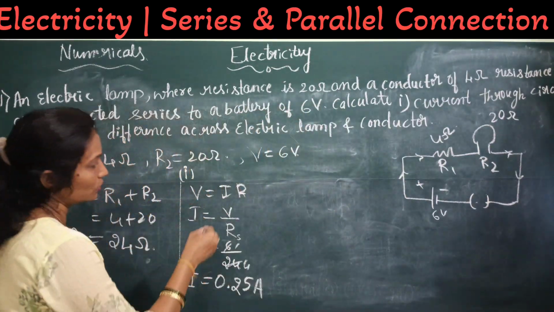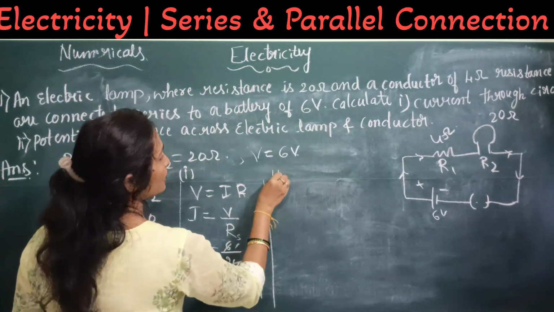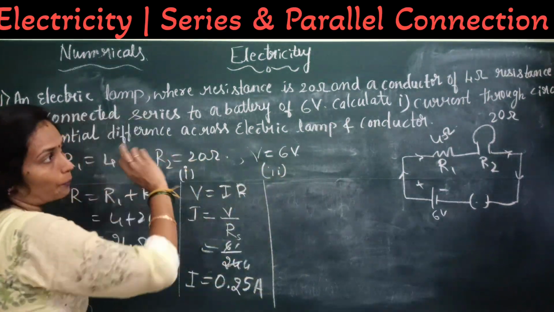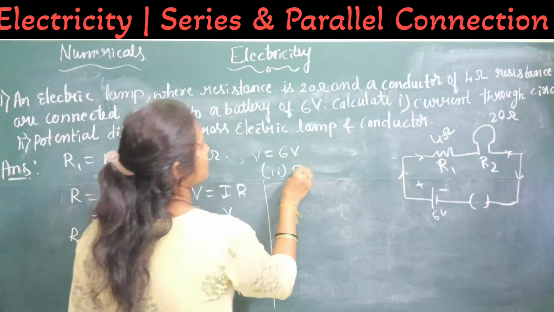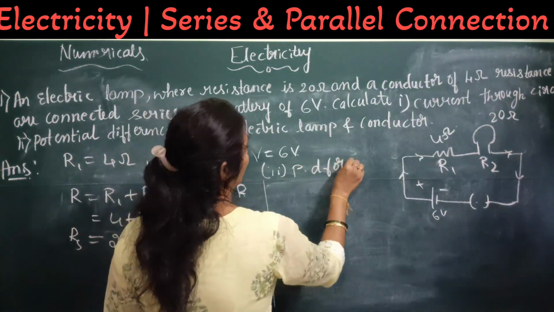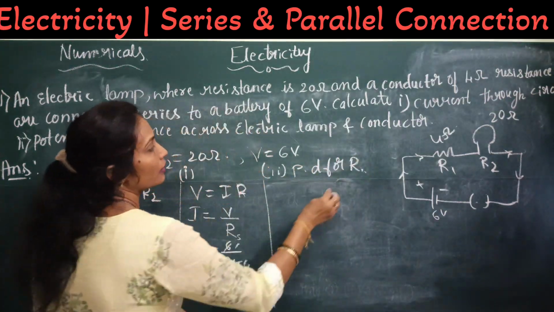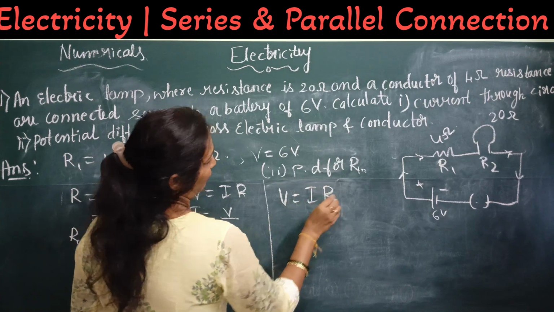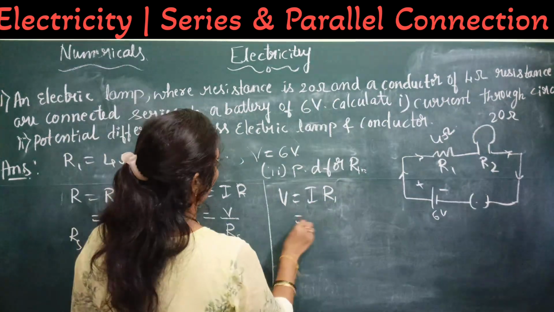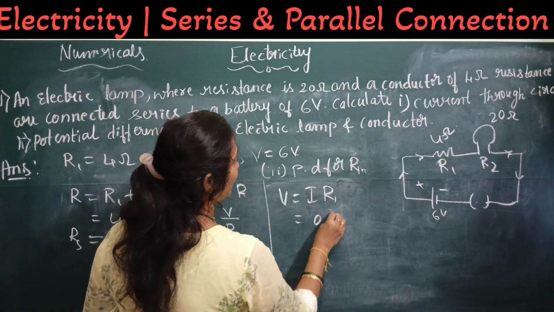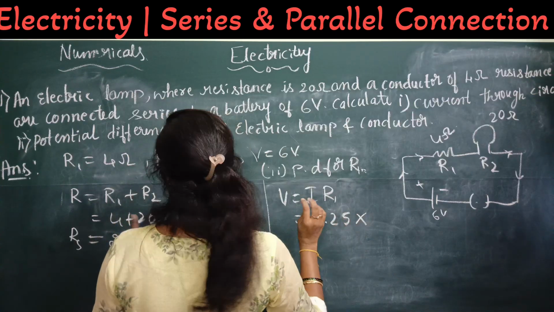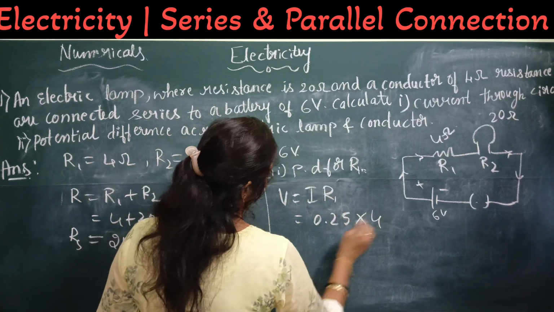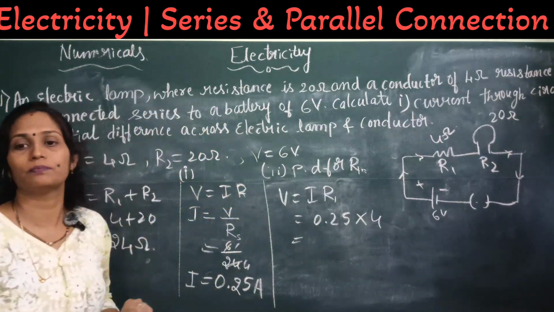Okay. Now, what we need to calculate in the second part is the PD, potential difference, for R1. Correct? V is equal to what, guys? IR. Correct? So I into R1. I is how much? 0.25. And R1 is how much? 4. How much will you get? Tell me.